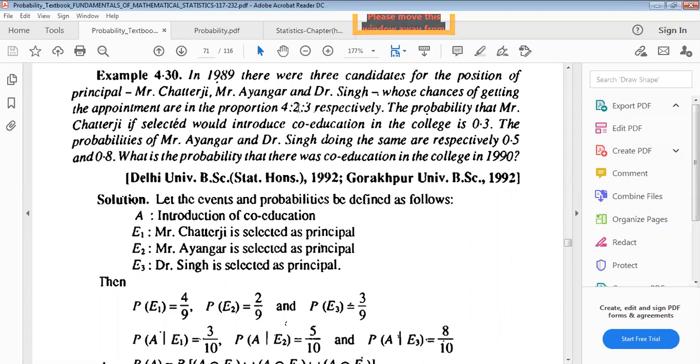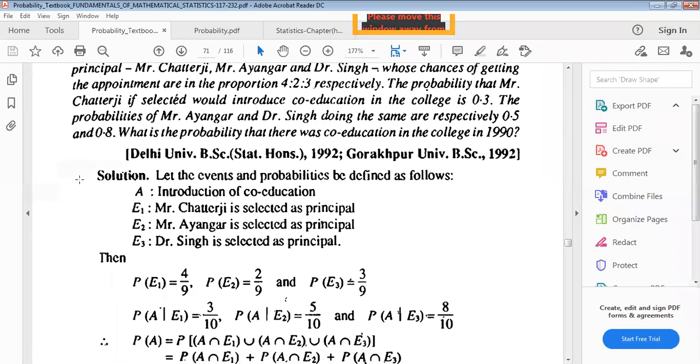The probability that Mr. Chatterjee, if selected, would introduce co-education in the college is 0.3. The probability of Mr. Ayanagor and Dr. Singh doing the same are respectively 0.5 and 0.8. What is the probability that there was co-education in the college in 1990?